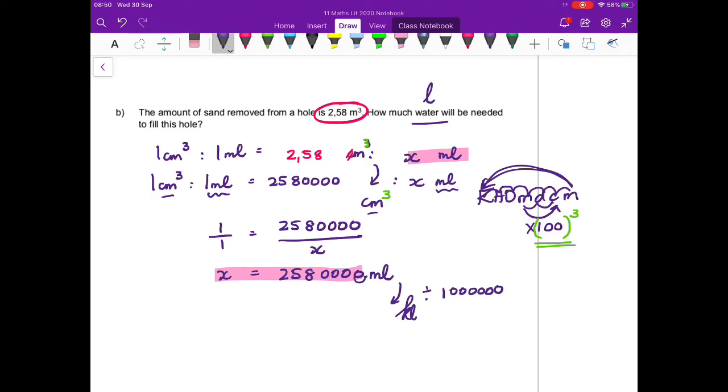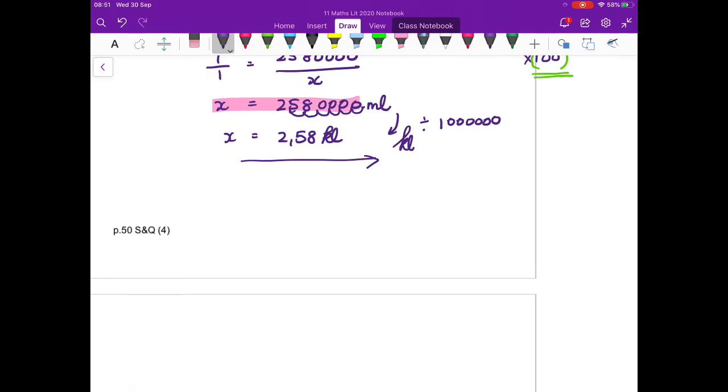If my comma was here, it's going to be 1, 2, 3, 4, 5, 6. So x will be 2,58 kiloliters. So that is how much water is needed to fill the hole. Right, for more practice on this, page 50, summary and questions number 4.